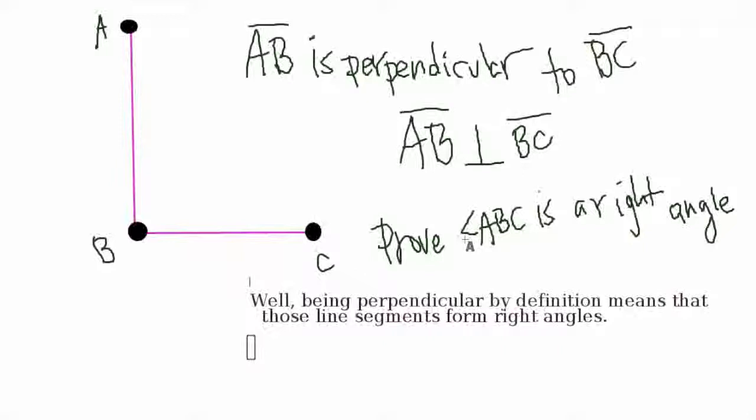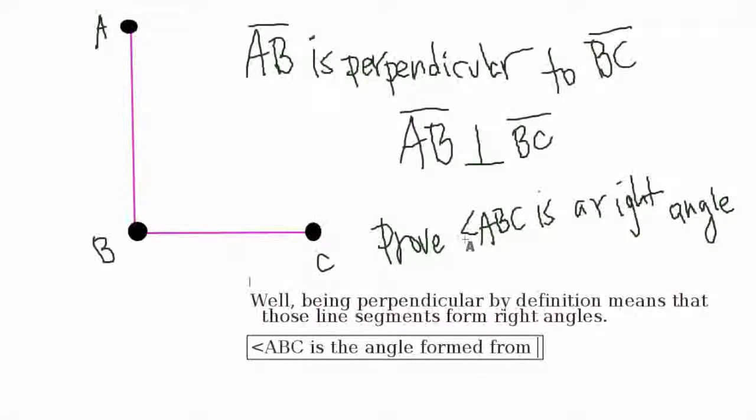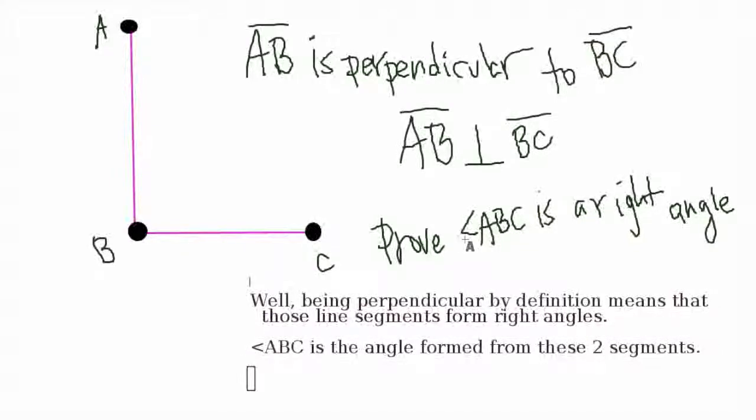Well, there you have it. And then we also have to say angle ABC is the angle formed from these two segments. Let's get that clear. And then therefore, angle ABC is a right angle.